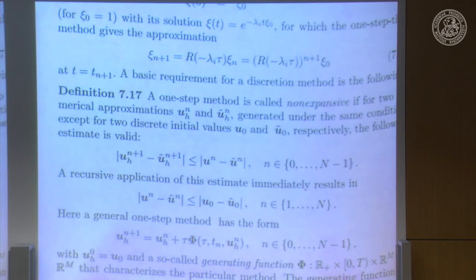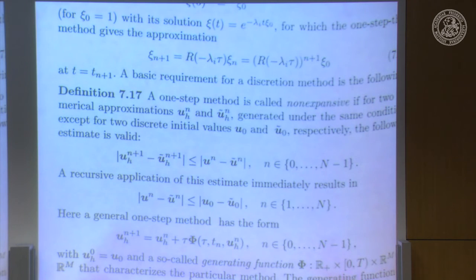It says we would like to have a one-step method such that if we apply the same method to the same underlying problem, but for different initial data, U0 and U0 tilde, then the deviation of the two solutions does not increase.